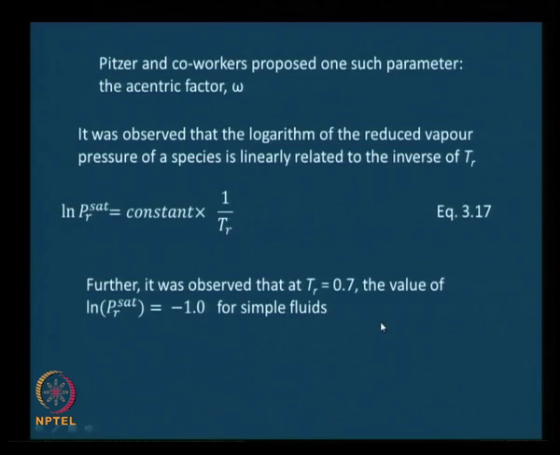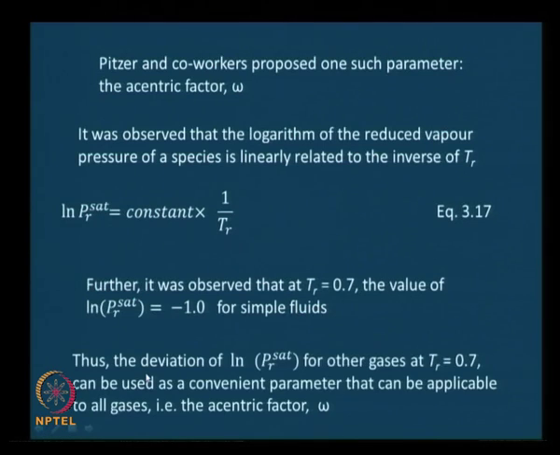So what this did was, it led to an interpretation that the deviation of the log of PR sat for other gases at a reduced temperature of 0.7 is a single measurement that you need to differentiate between these simple fluids that follow the two-parameter theorem and all other fluids.